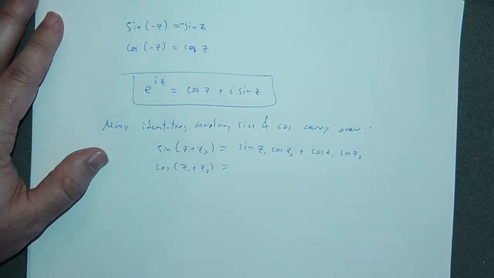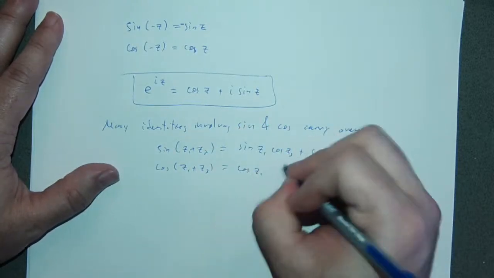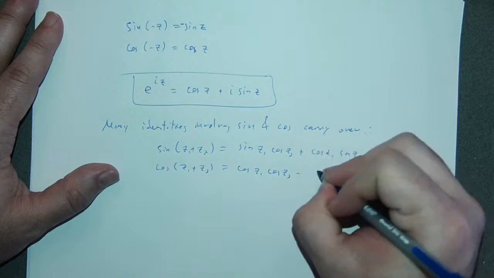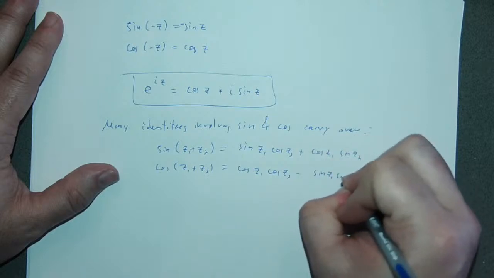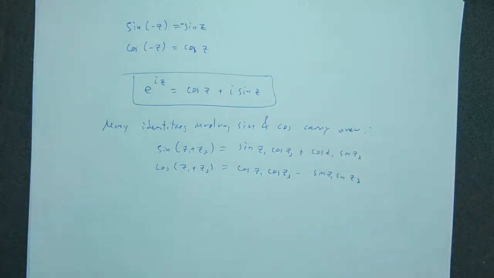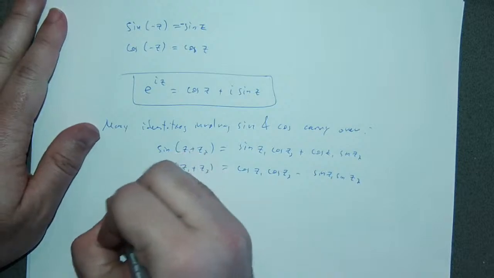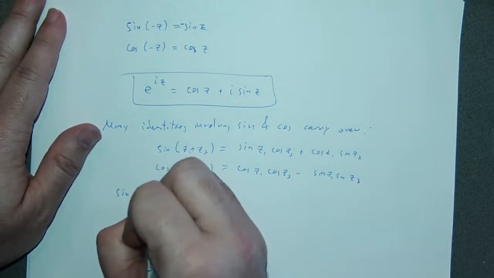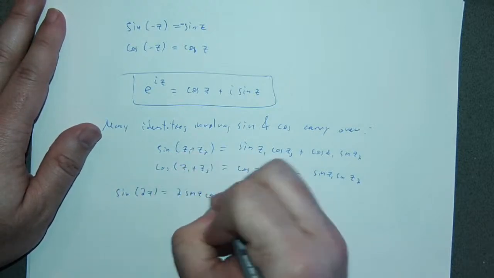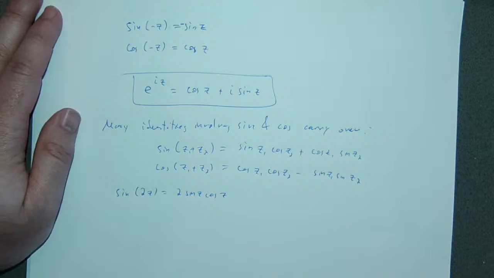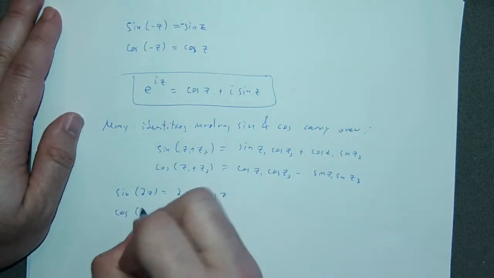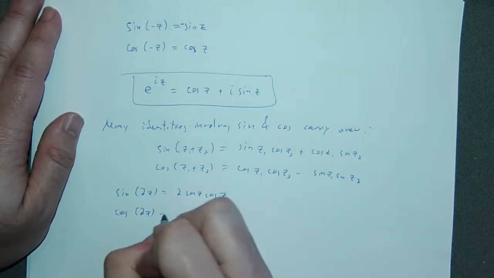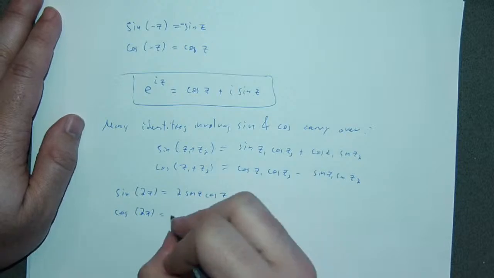If you remember, cosine angle sum is cosine z1 cosine z2 minus sine z1 sine z2. We have the usual double angle formula for sine, so sine of 2z is 2 sine z cosine z. Cosine of 2z is cosine squared z minus sine squared z.